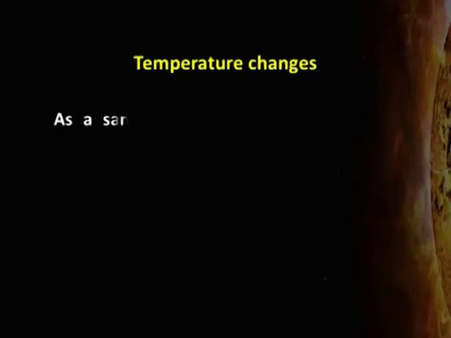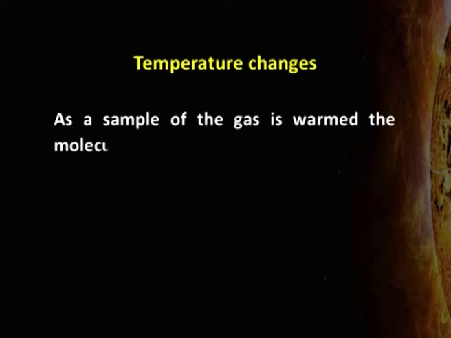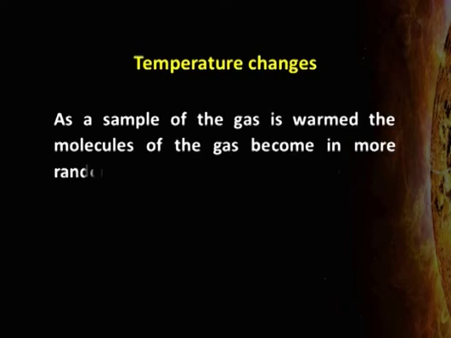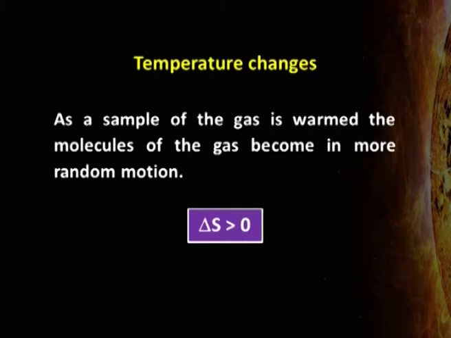Temperature is an important factor to affect entropy. As a sample of the gas is heated, the molecules of the gas become in more random motion. Hence, delta S for this system is greater than 0, or we can say that entropy change is positive.